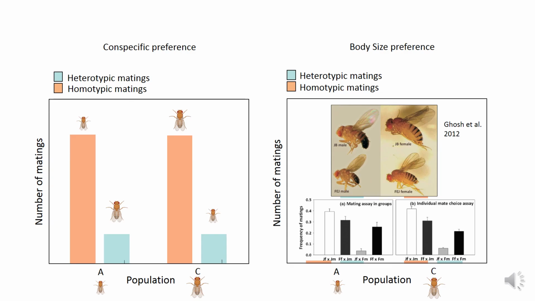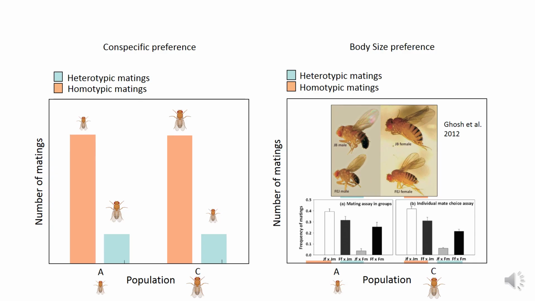Such a result has actually been displayed in the past. Shampa Ghosh and Amitabh Joshi in 2012 worked on a system very similar to our own, with two fly populations that were selected for late stage reproduction and early stage reproduction, and showed that the females of both the populations essentially preferred large males for mating.